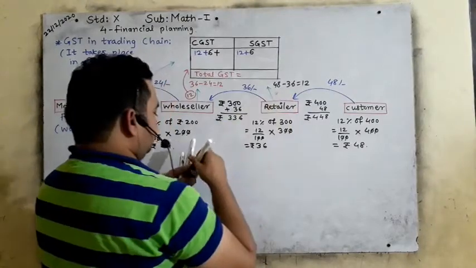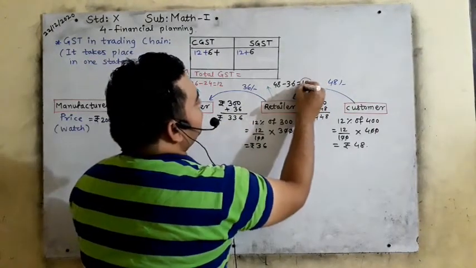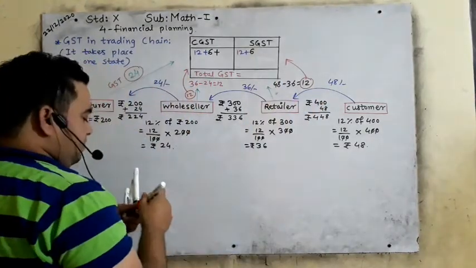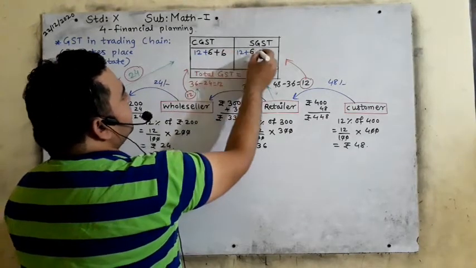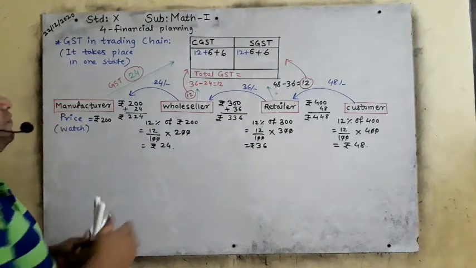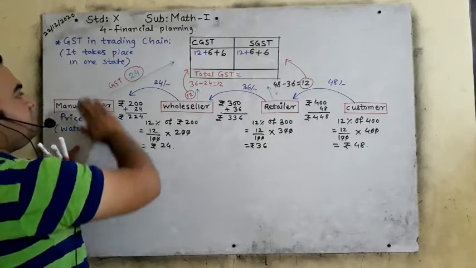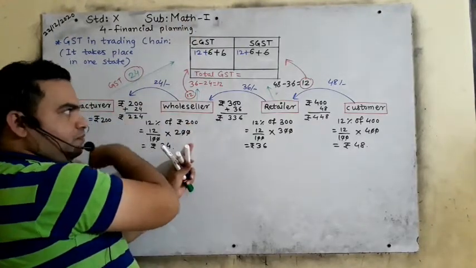Again we will see over here how he will pay the GST. That 12 rupees the retailer will pay to the government. So 12 rupees means how much CGST will it be? 6. How much SGST? 6. Okay, so this is how the wholesaler pays GST to the government, and the manufacturer pays GST to the government. The GST the wholesaler paid is input.